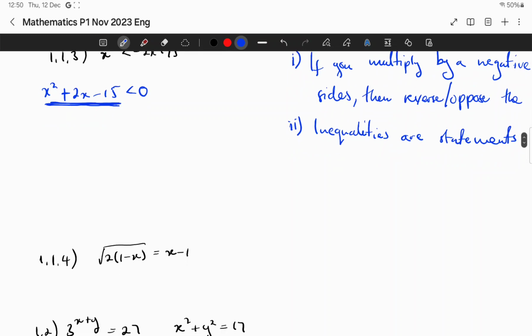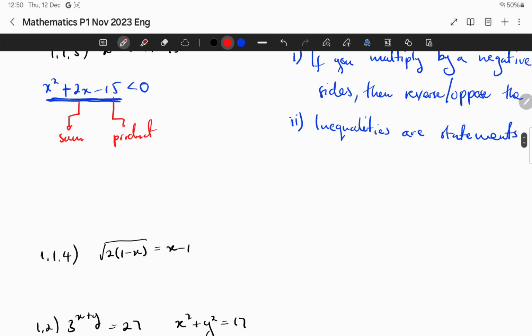Now let's continue solving as we would a normal quadratic equation. Now we have 2 and 15 here. What I want to think about here is the sum and product, as I said previously. What two numbers can give me a sum of 2 and a product of negative 15?